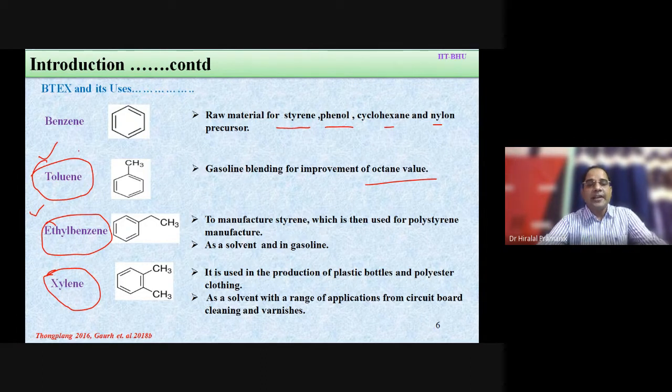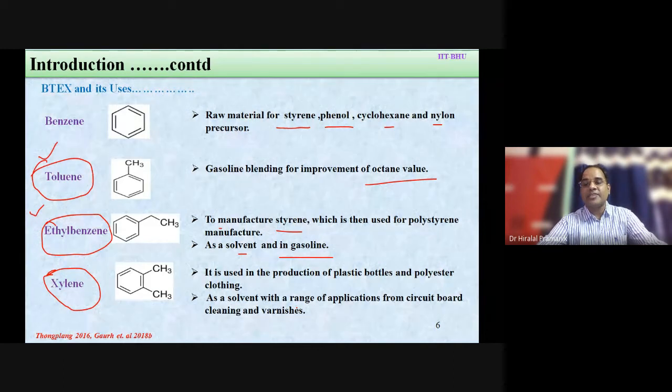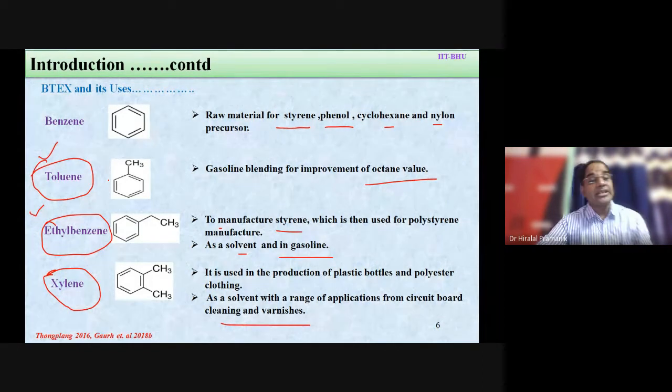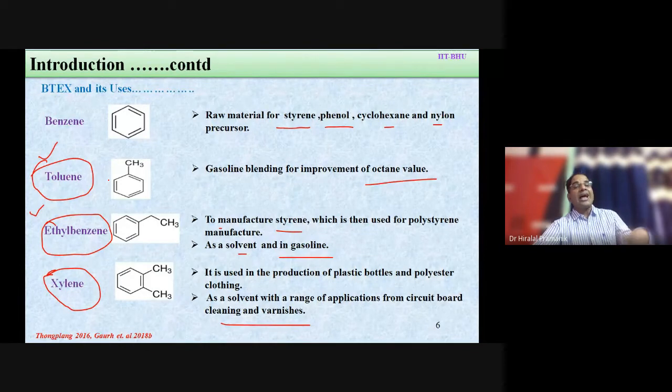Next is ethyl benzene, used to manufacture styrene, which is used for polystyrene, and also as a solvent in gasoline. It is used in production of plastic bottles, polyester clothing, etc., and as a solvent with a range of applications from circuit boards, cleaning, varnishes, etc. So these are the major chemicals we can produce from waste plastic via certain techniques, not only pyrolysis.